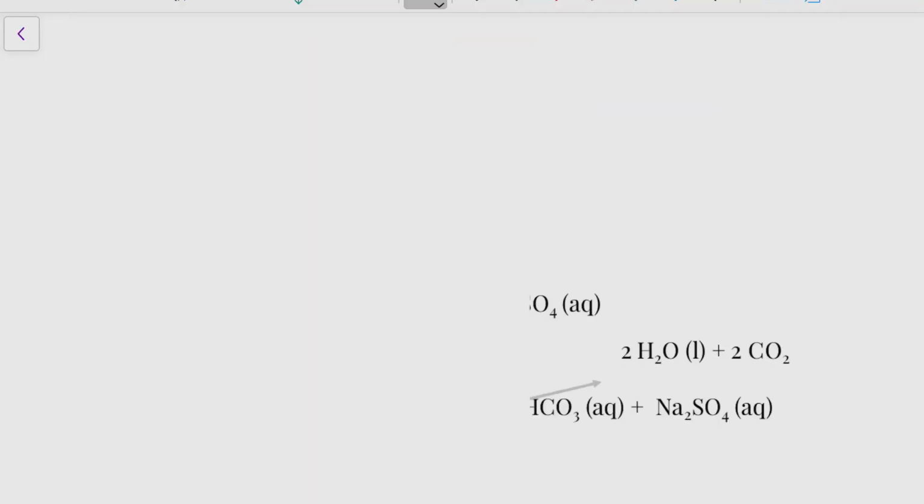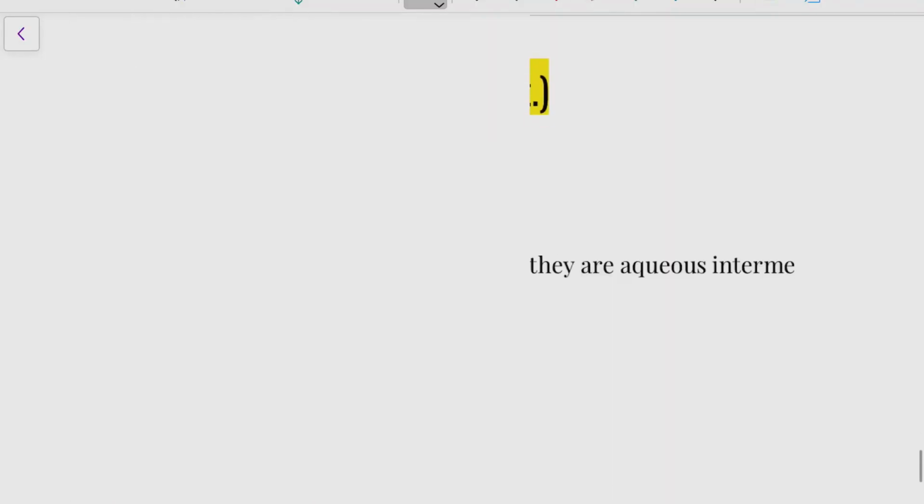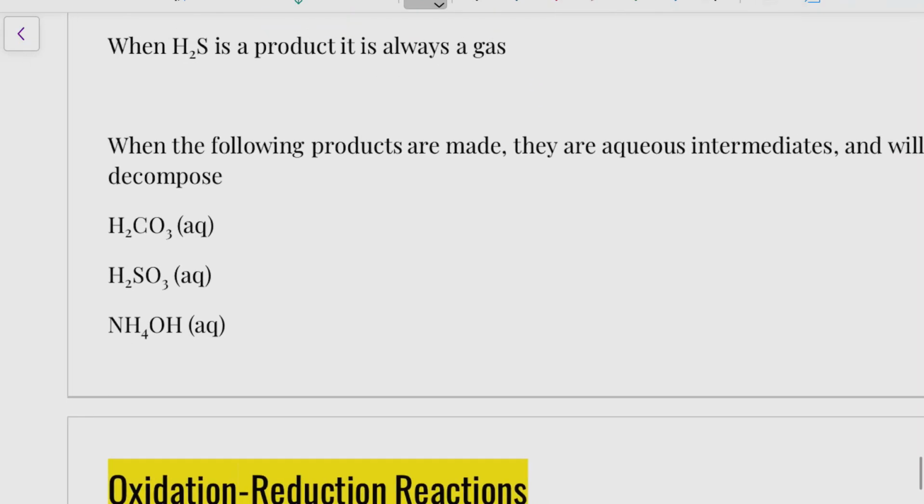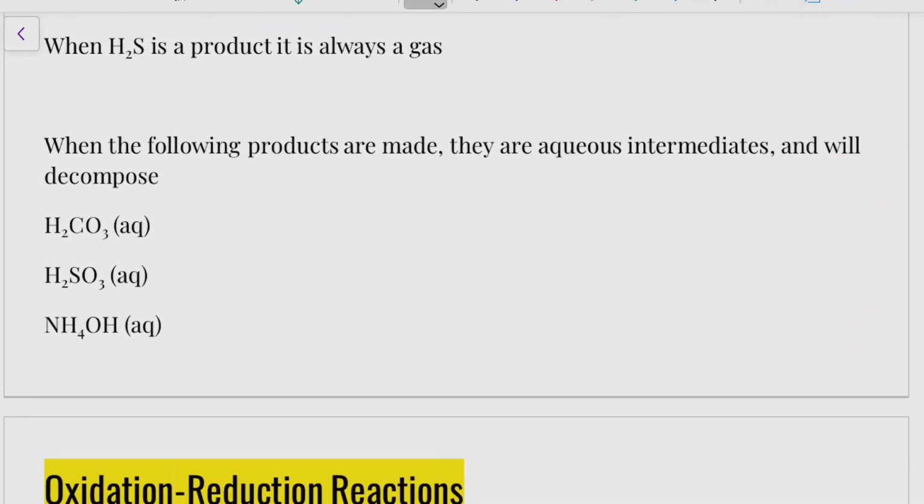And let me switch over to this so we can see what happens. So we said that these are going to be aqueous intermediates and decompose, and we saw that H2CO3 breaks apart into water and carbon dioxide. We see that the H2SO3, which is sulfurous acid, has a similar pattern.